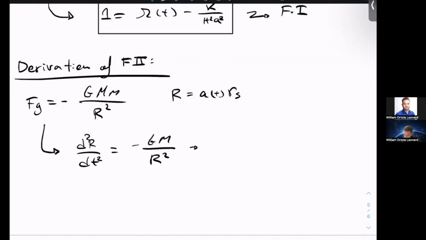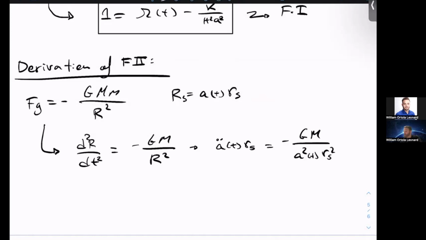And then we're going to take the second derivative of the physical radius, which again is simply going to give us a double dot of t times rs, or this co-moving distance. And then on the other side, what we are actually going to end up finding is negative G M divided by a of t squared times rs squared.